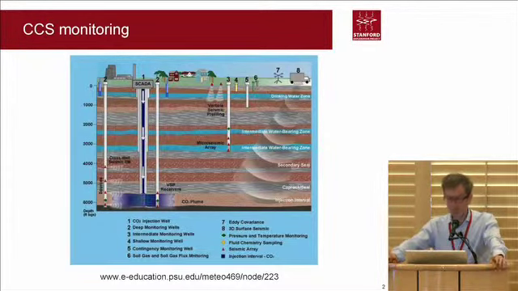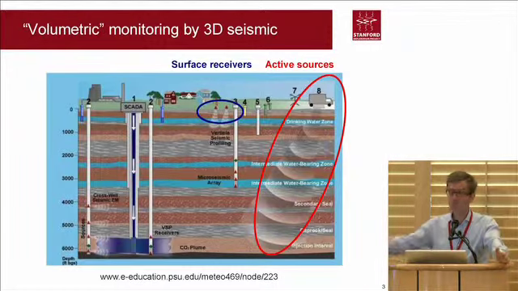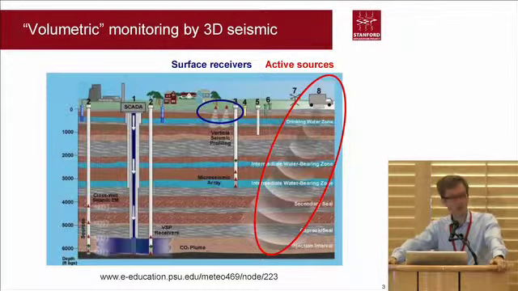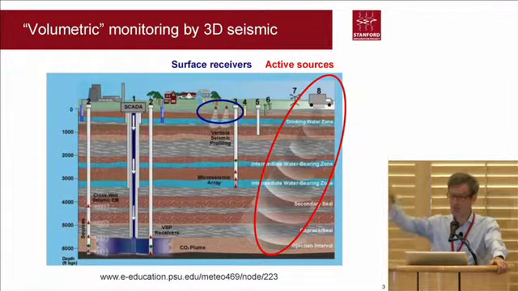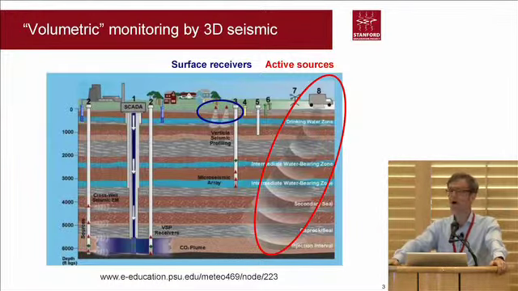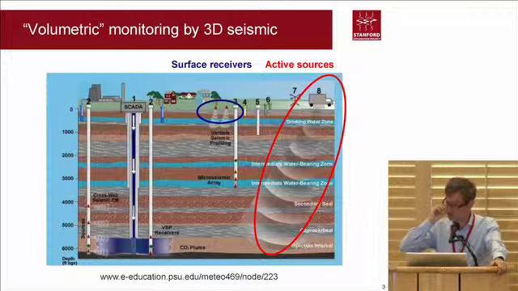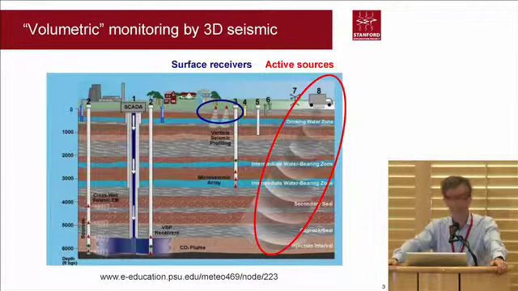And then there are the volumetric ones. Because the Earth is heterogeneous, measuring things at the wellhead or down the well is not sufficient to assure that the CO2 stays where we want. We want to measure the CO2 where it is far away from the wells.